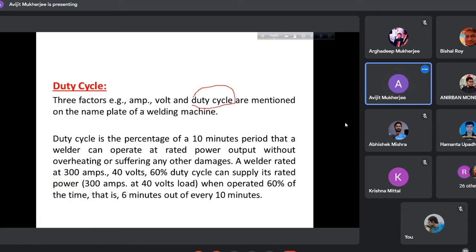because it is not possible to weld at a stretch for even 10 minutes. You may say, if you have a computer, or as we are doing right now, we are continuing for 1.5 hours, another hour will be continued with not that much fatigue.